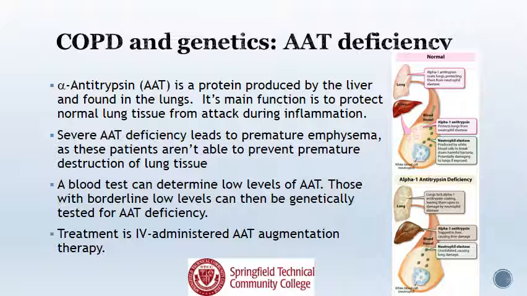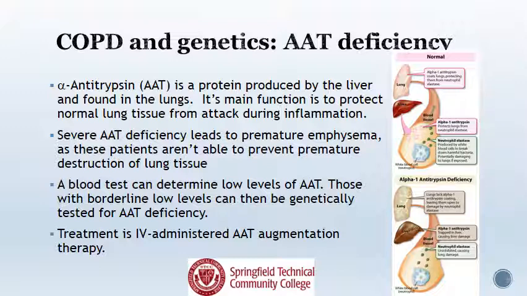Those who have borderline low levels can then be genetically tested for alpha-1 antitrypsin deficiency, and treatment is IV administered alpha-1 antitrypsin augmentation therapy. So this is not inexpensive, but it can prevent someone from having lung damage because they do not produce this protein.